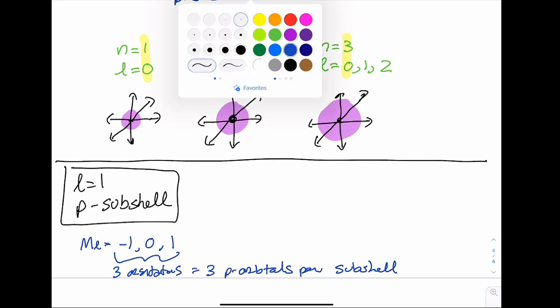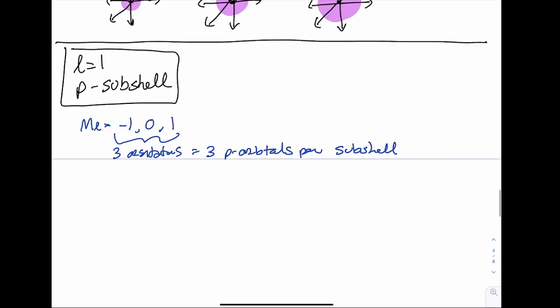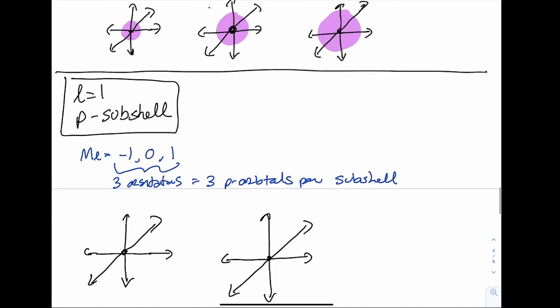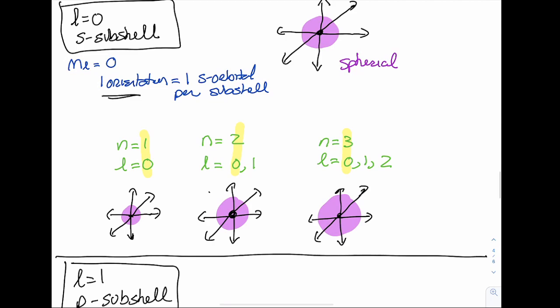And these ones are considered dumbbell shaped. And I'm actually going to draw 3 for the same shell. When I did my S-shaped orbitals, the ones where my value for L was 0, I only drew 1 because there was only one orientation.